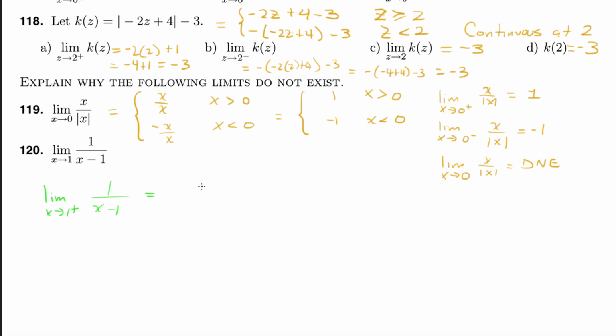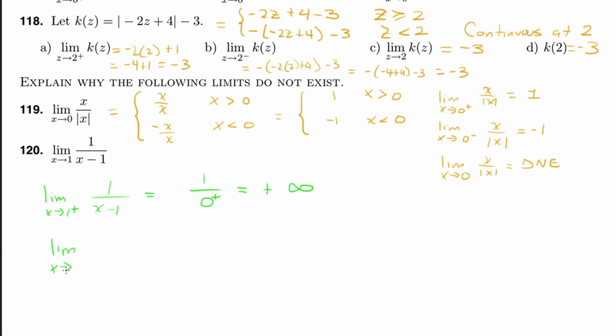Well, technically speaking, it's going to be 1 over, if it's 1 from the right, then a number bigger than 1 minus 1 is going to be a positive number. I'm going to call this positive number 0 from the right. Now, this 0 from the right, 1 over 0 from the right on the limit is equal to +infinity.